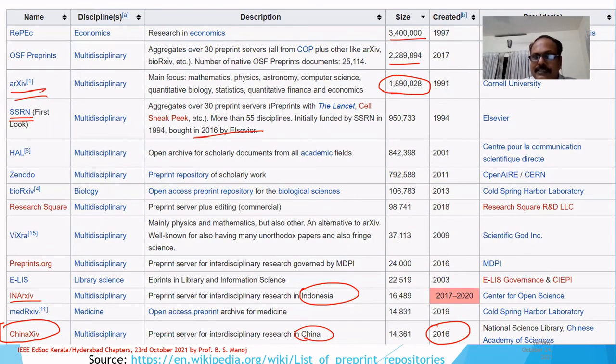That's one of the reasons why they are not number one, despite their initial establishment in 1991. Services that started much later have accumulated more preprint content. Because arXiv is not easy, you need somebody recommending you to be a member, then only can you post, and you have to continue maintaining that record over a period of time. Otherwise, you will lose that eligibility.